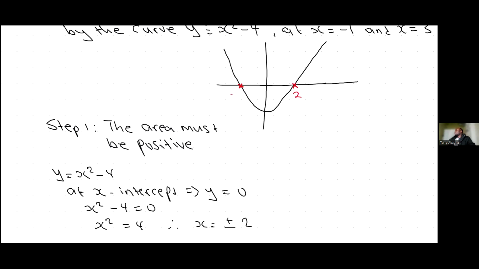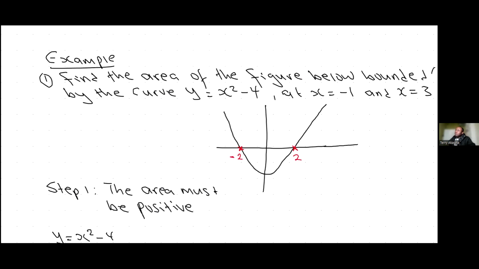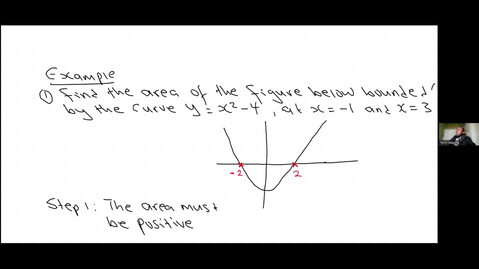2. Now, but if you look at the question carefully, we're not interested between minus 2 and 2. We're interested between minus 1. So let's assume this part here is minus 1. And 3. Let's say this part here is 3. So that means we're interested here from this point all the way to this point here.